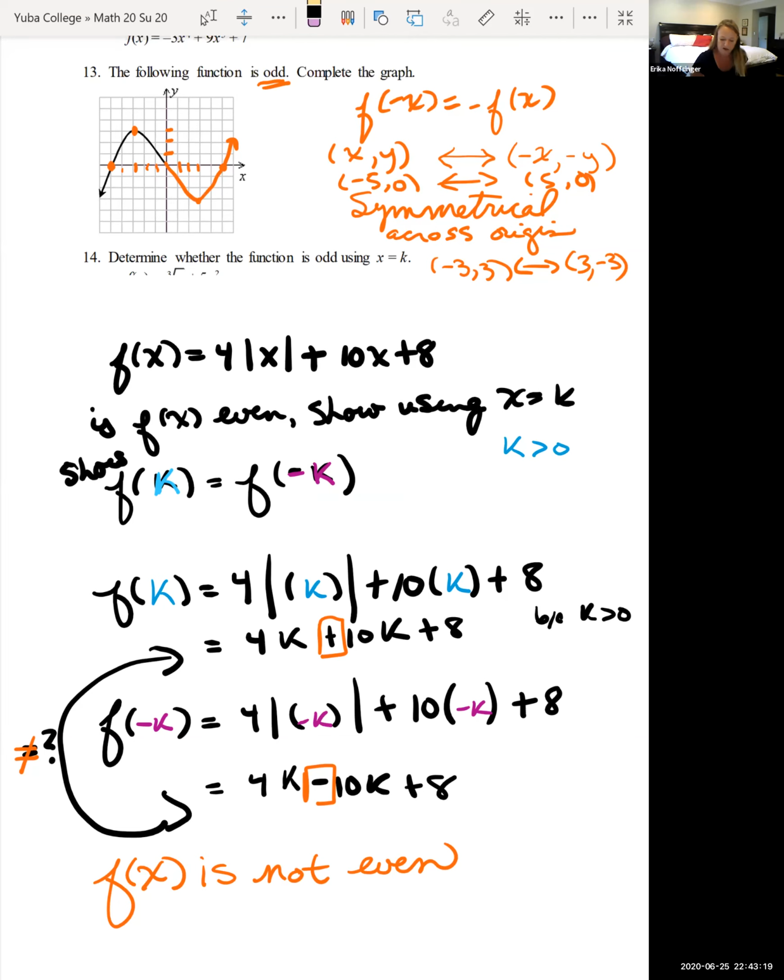And so the rest of the picture would look like that, being an odd function. So, was that what you were thinking of when you said symmetry? I'm hoping.